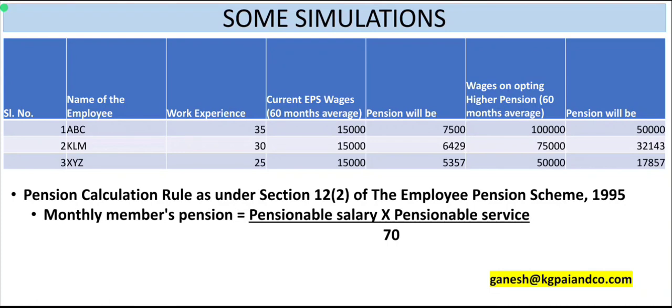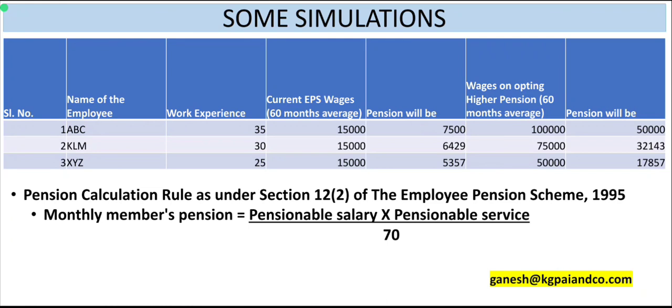If such average salary was 75,000 and service was 30 years, then the pension per month would be 32,143, and if the average PF salary was 50,000 rupees and the service was 25 years, then the pension would be 17,857 rupees. I hope the difference between opting and not opting is quite visible. I don't want to do any further interpretation, and that takes us to the 3 quick questions.